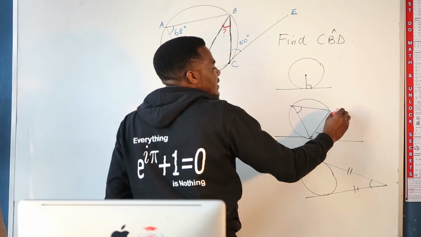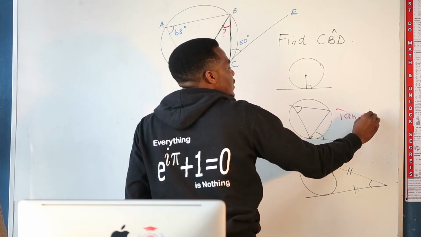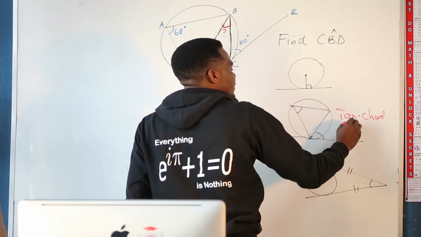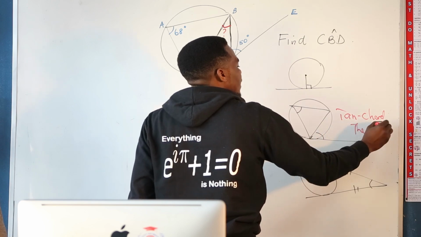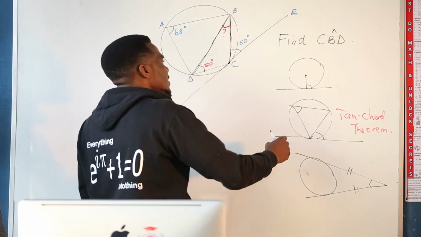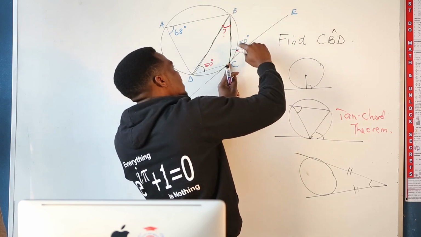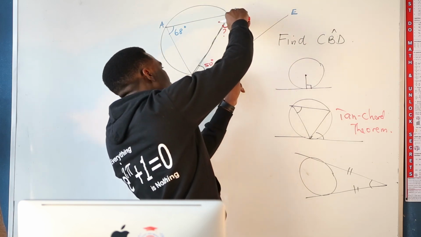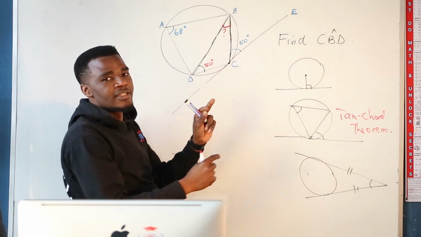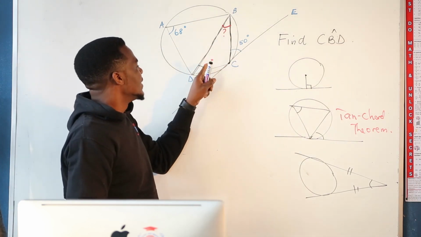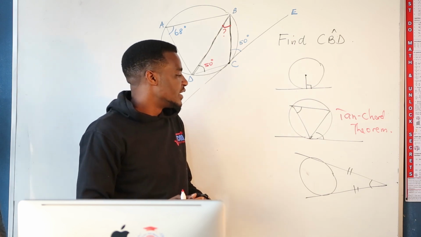We have applied the tan chord theorem. The tan chord theorem states that the angle between a tangent and a chord, which is 50 degrees here, is equal to the angle subtended by this chord in the alternate segment. So yes, this angle is 50 degrees.